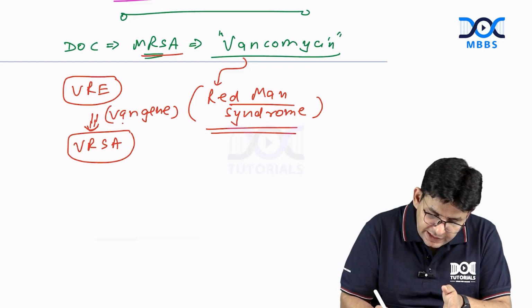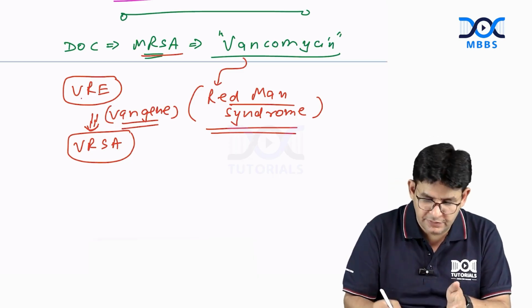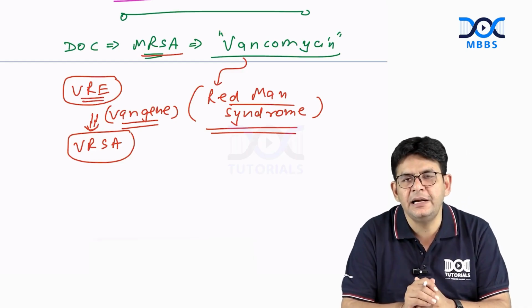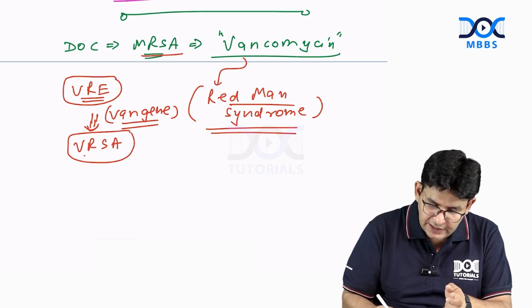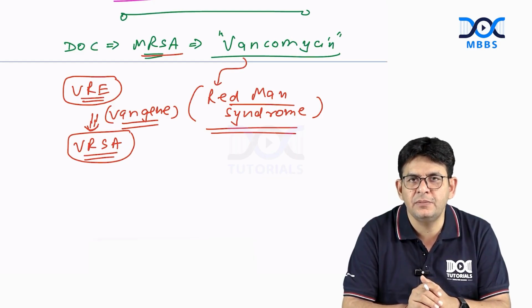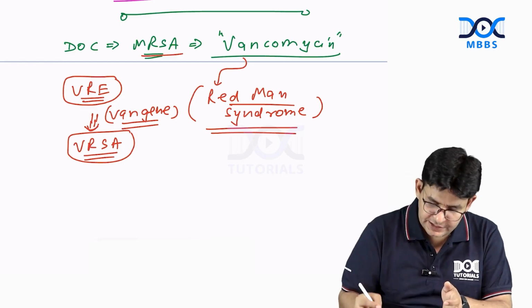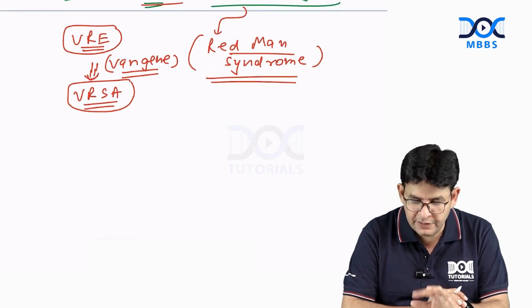Now you must be thinking, what is VRE? Vancomycin resistant Enterococcus. VRE has given this particular Van gene, and thereby it changes to VRSA, that is vancomycin resistant Staph aureus. Is it fine, guys? So this is also one of the things by which it has now become VRSA.